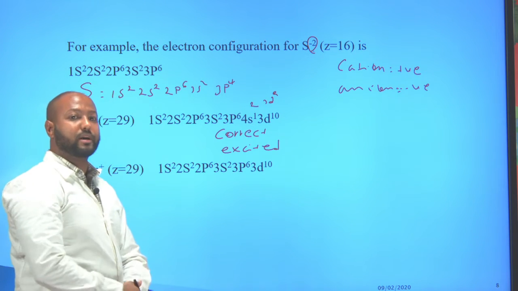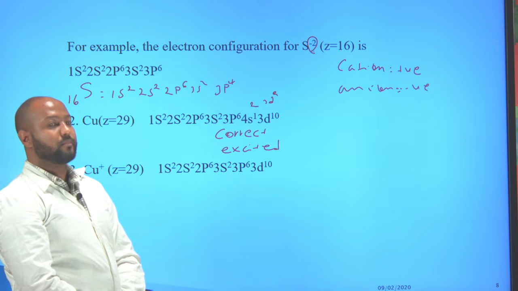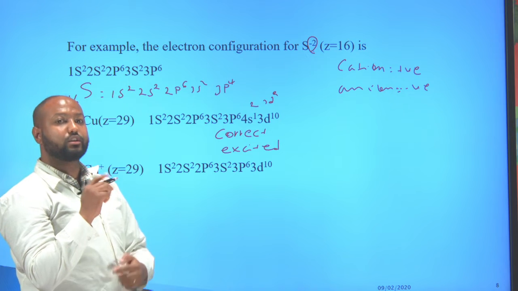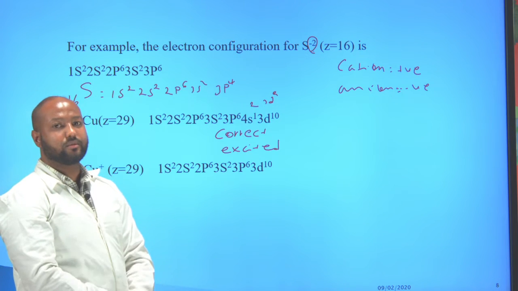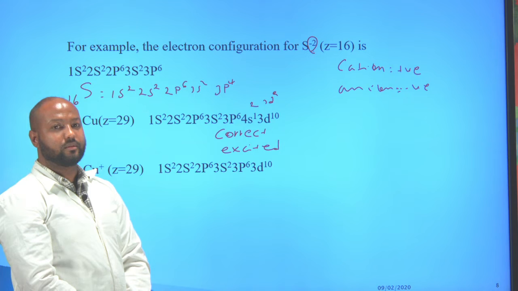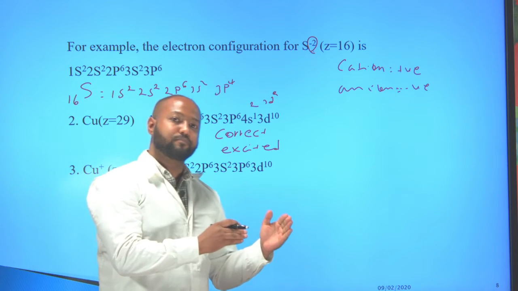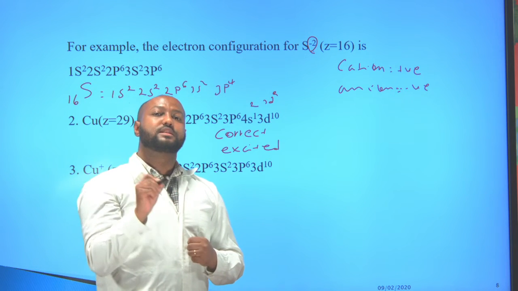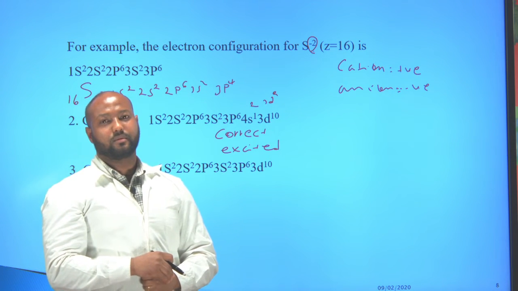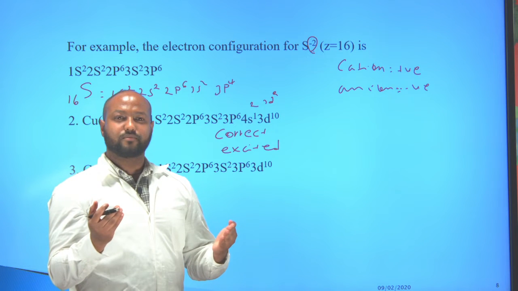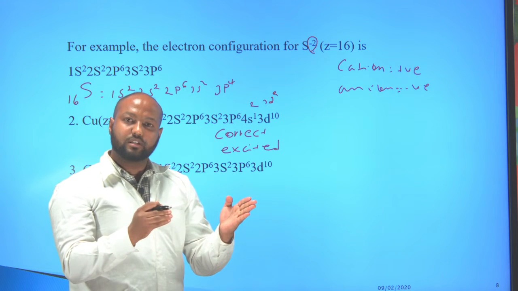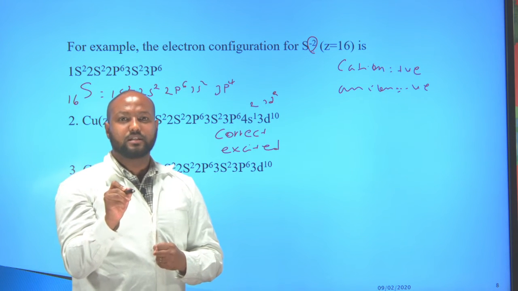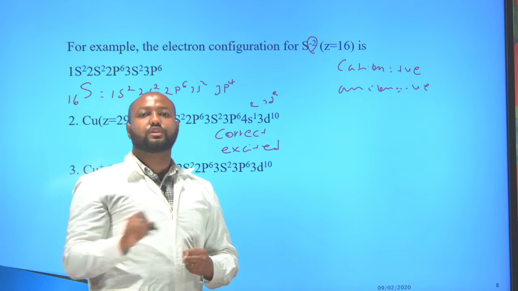When it becomes copper plus, it is a cation. +1 shows that it lost 1 electron. As I told you before, losing of electrons should occur on the valence electrons. What are these valence electrons? The valence electrons are the electrons on the valence shell. The valence shell means the last, the outermost shell.